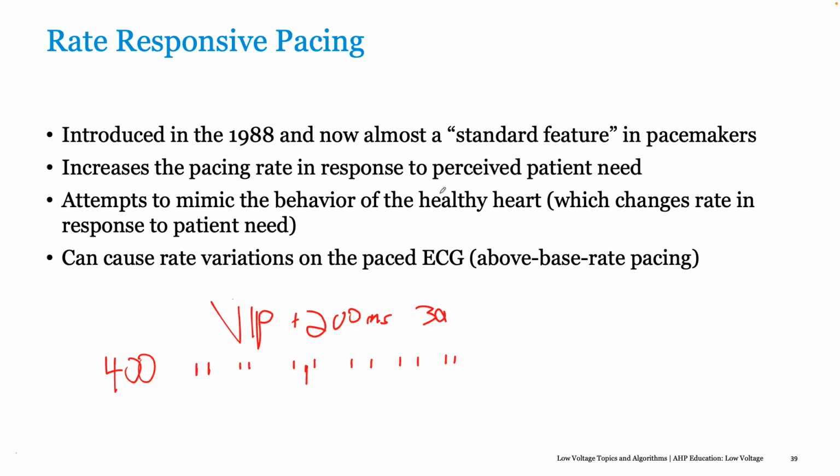You have a programmed AV delay, and then you add a Search AV of, say, like AJ said, 200 milliseconds. It will extend that out. If you get intrinsic rhythm, the AV delay will stay at 400 milliseconds. As soon as you pace at 400 milliseconds, the AV delay will shorten back to the programmed value. And then after a certain number of cycles, it will extend out again, and that process will keep continuing throughout.